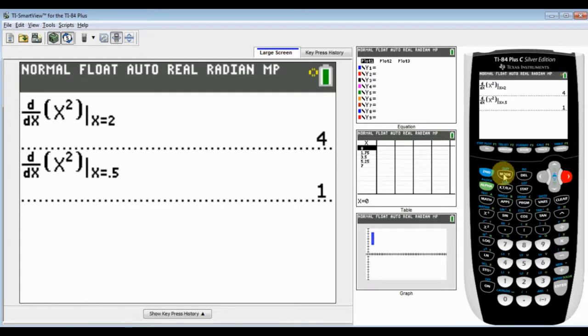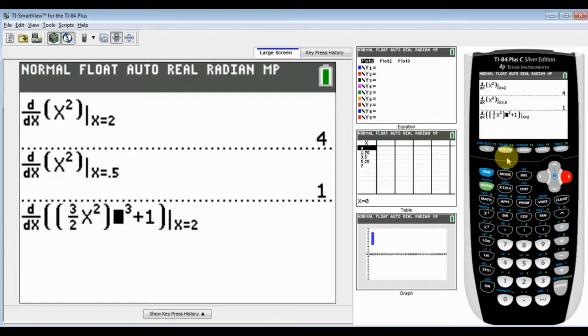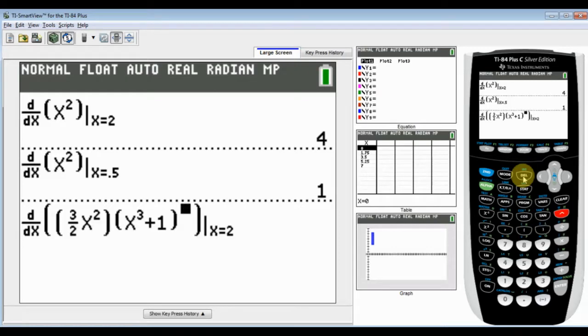Don't be alarmed. And I need to go to the negative 1/2 power.